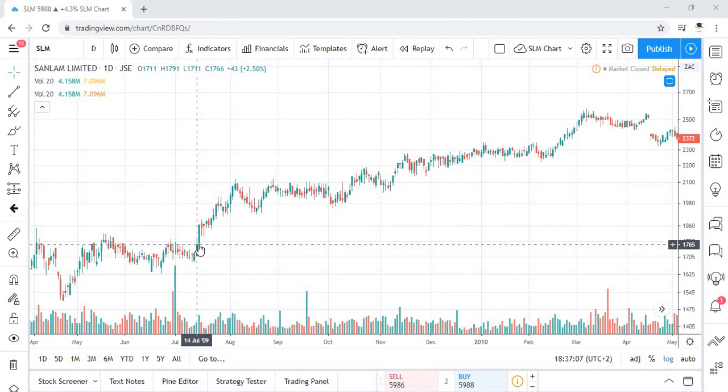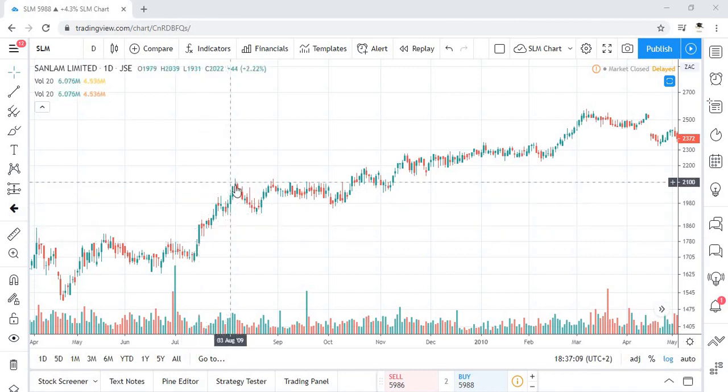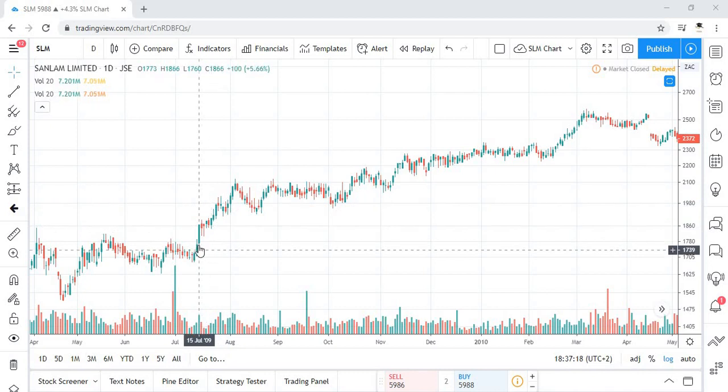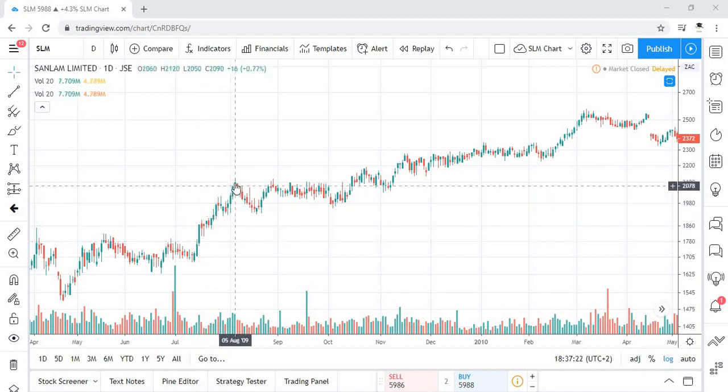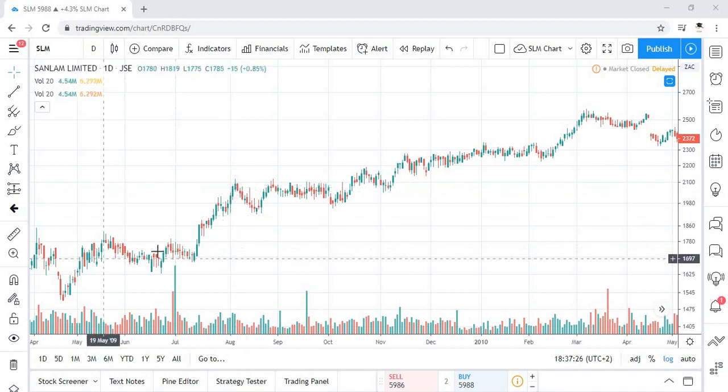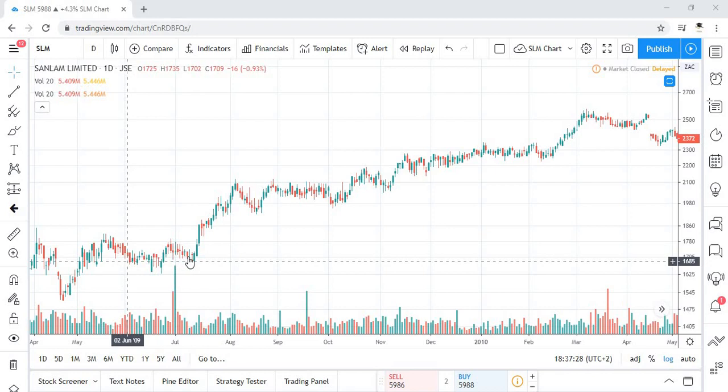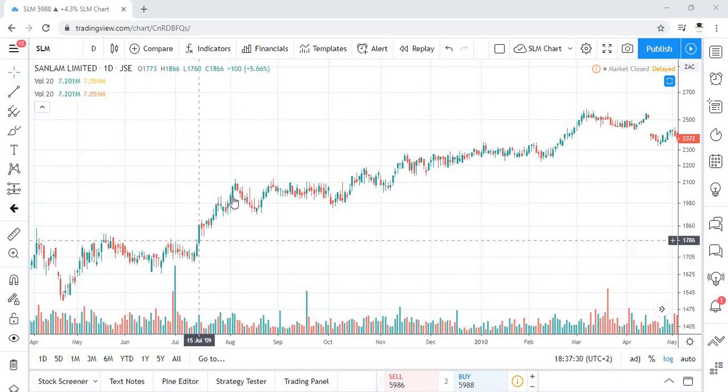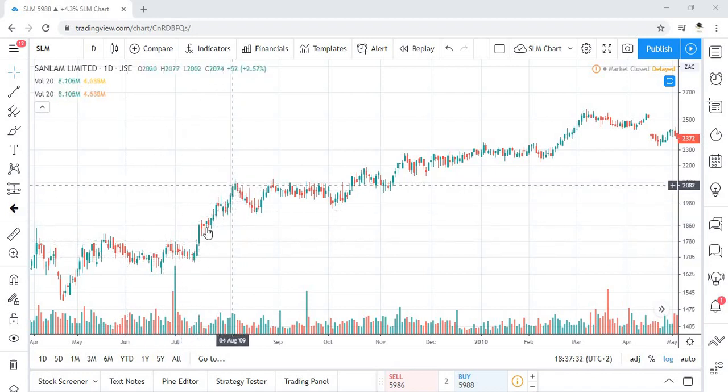Then someone comes on the 15th of July and they wait for only about 20 days, and bang, they have made all that money from 17 rand 70 up to 21 rand. So you would have waited like 3 months with your money doing nothing for you, and somebody comes and does it in 20 days, they have made that much money.